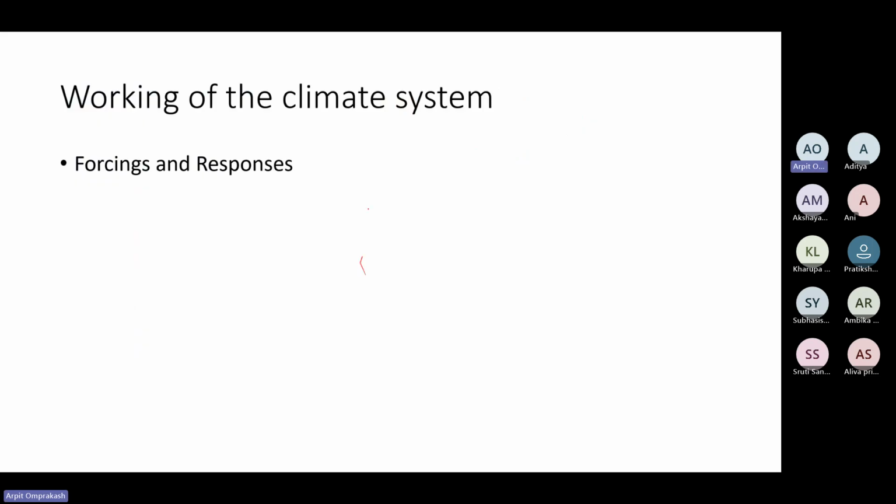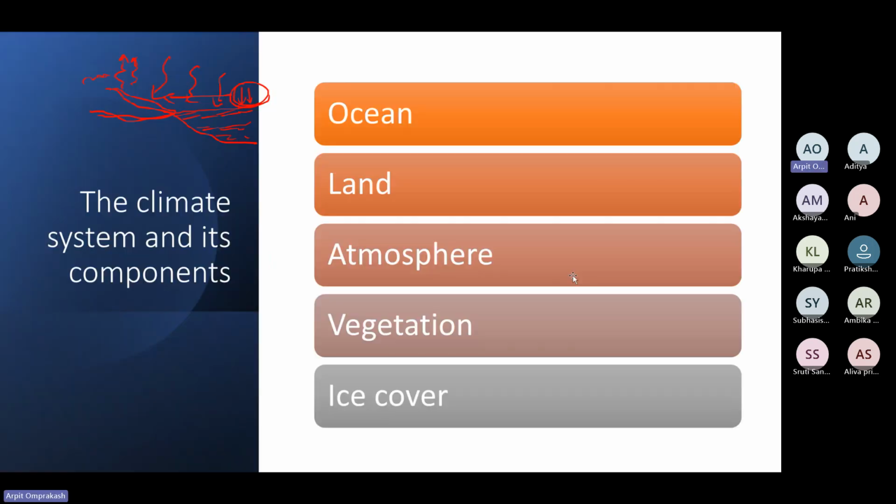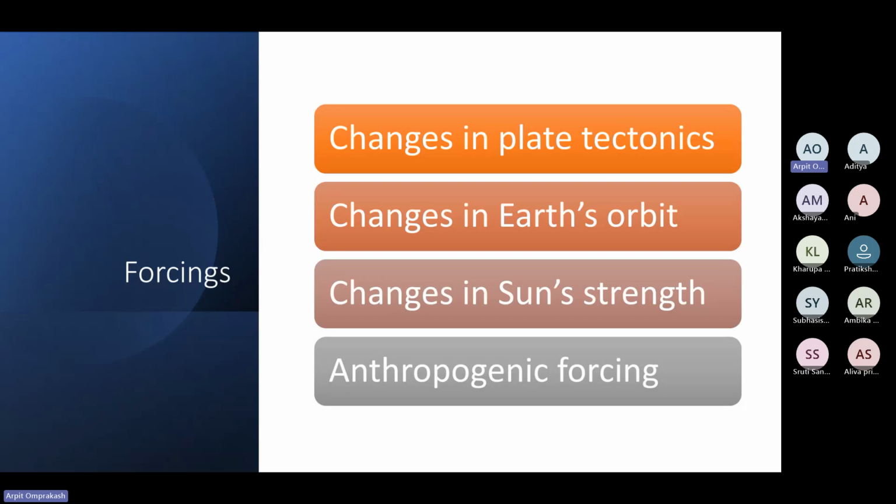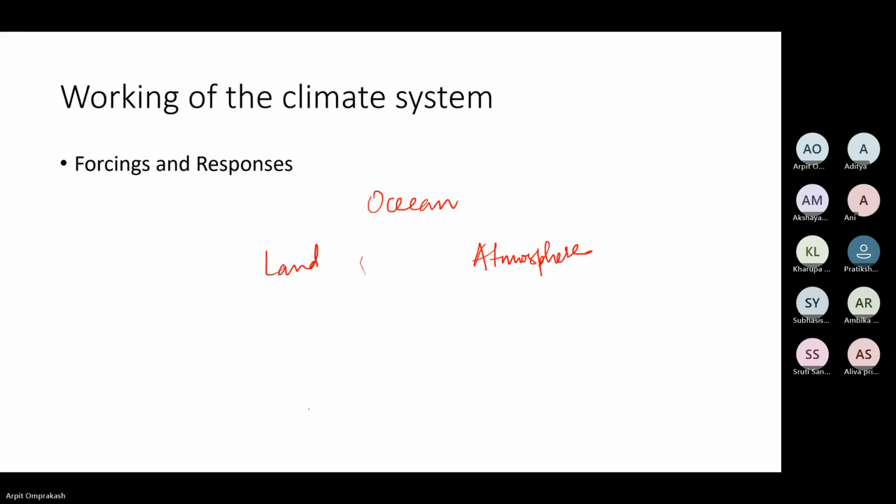So basically, we have different components of the climate, such as the ocean, land, atmosphere, vegetation and ice cover. And these all interact with each other to give rise to the climate of a given region.